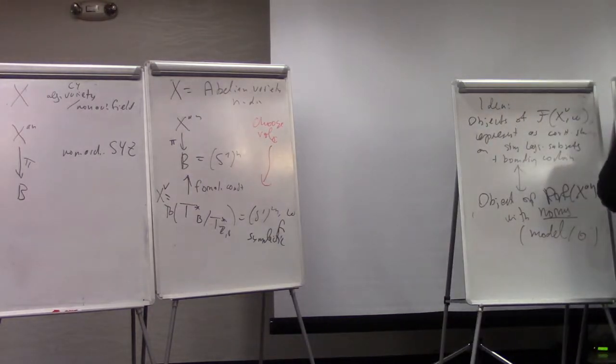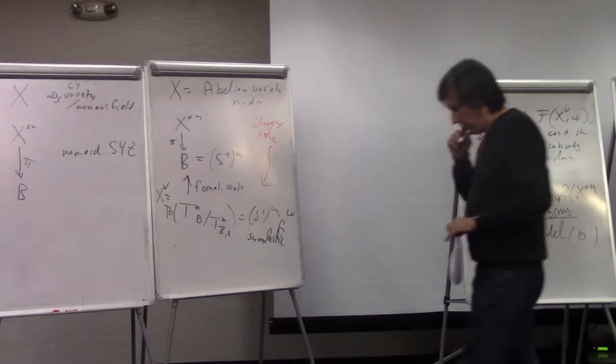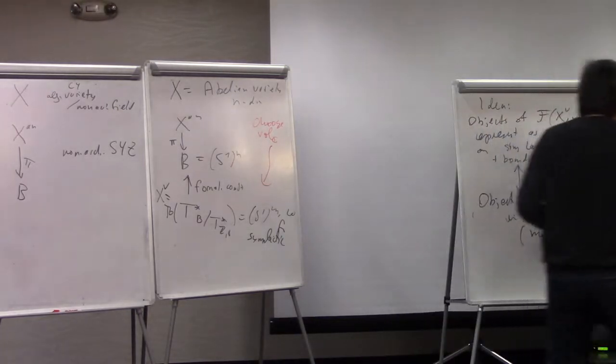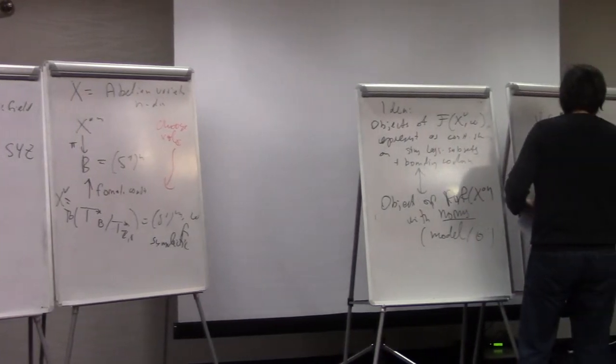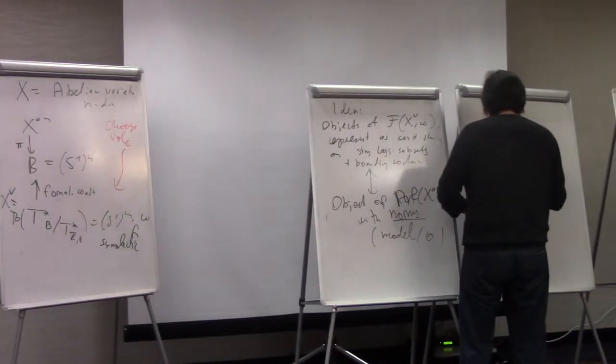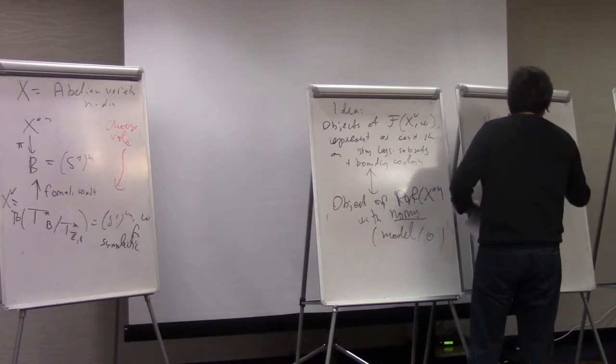Consider an open U, and we can maybe embed it in an array, use local coordinates and consider a trivialized line bundle on U.